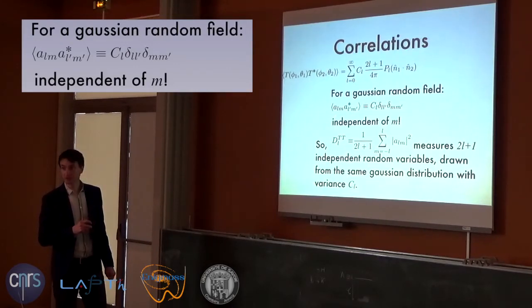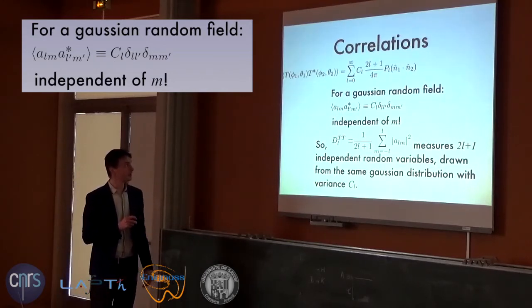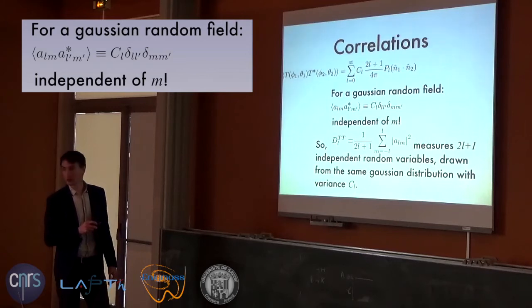So if you had infinitely many universes, and I take a_10 and a_10, and I multiply it for each of these universes, and I take the average, then I find that this converges to some number, which is the variance of a_10. And for l or m not equal to l' or m', I will get a zero correlation.